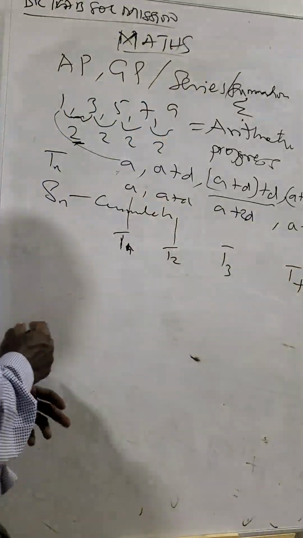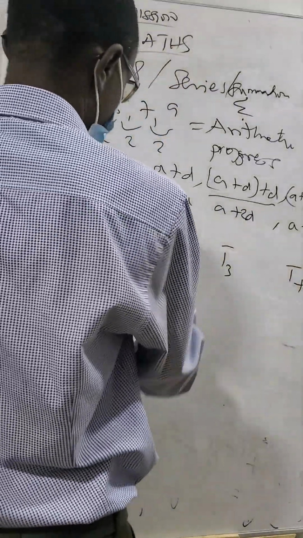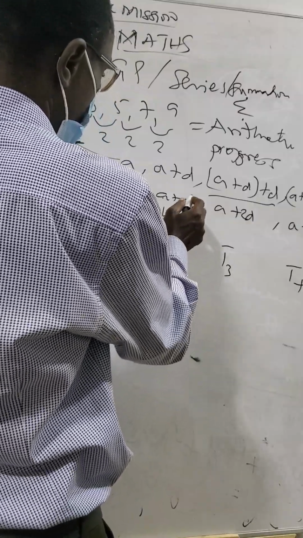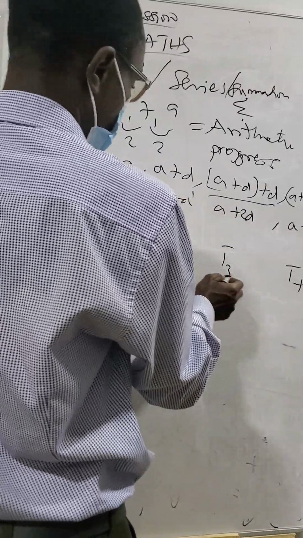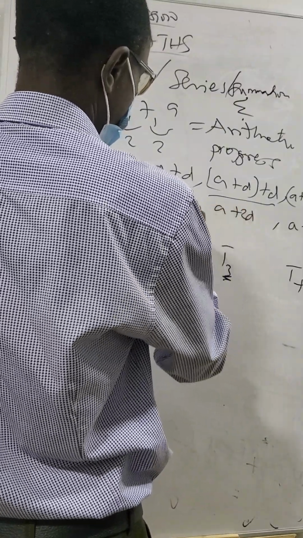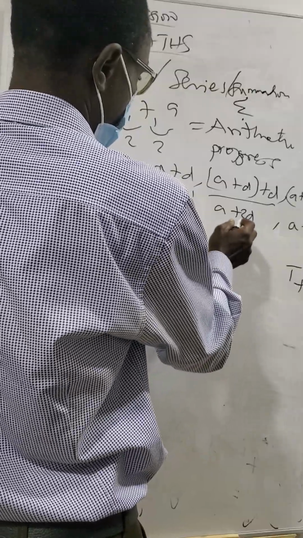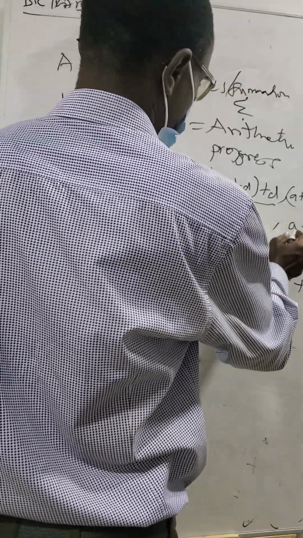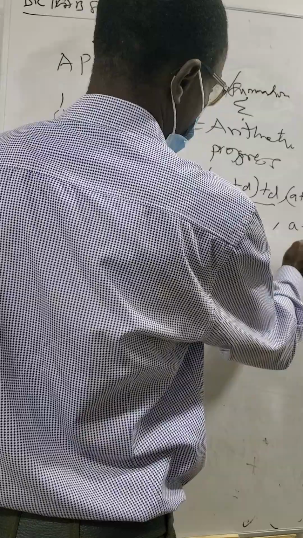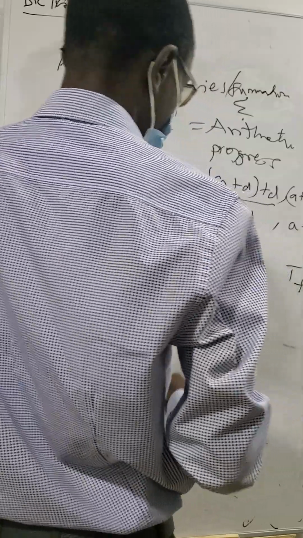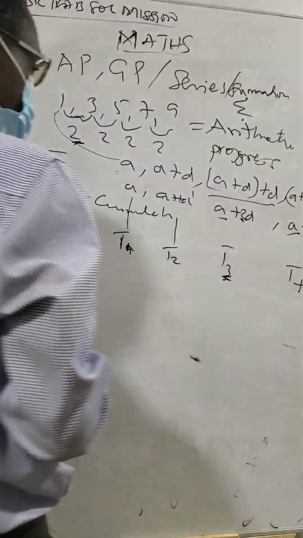If you look at it critically, where you have T2, the power of D is 1. Where you have T3, it is 2. Where you have T4, it becomes 3. But A is always constant there.